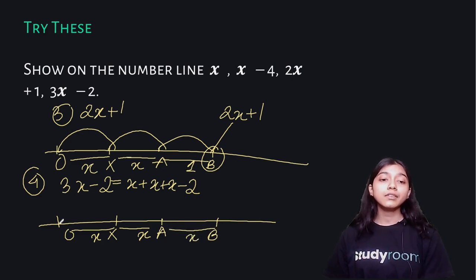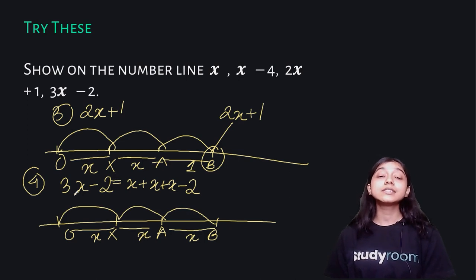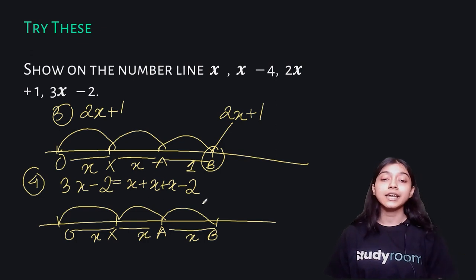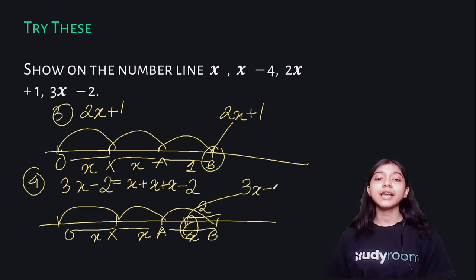So we can say that this distance from O till B represents 3x. But now we have to represent 3x minus 2. I told you whenever a constant is subtracted, then we have to locate a point towards the left hand side. So we will take another point C, which is towards the left of B, at a distance of 2 units. So this point C will ultimately represent the given expression, that is 3x minus 2.